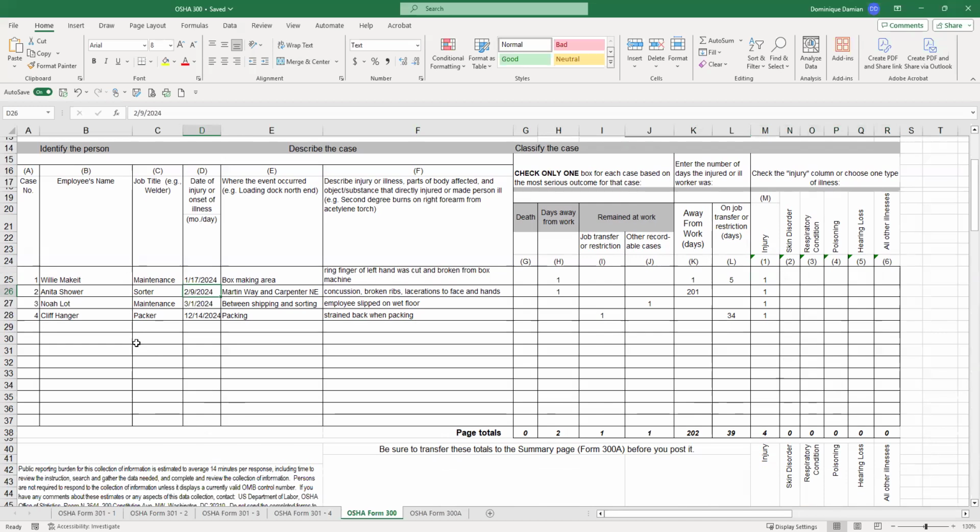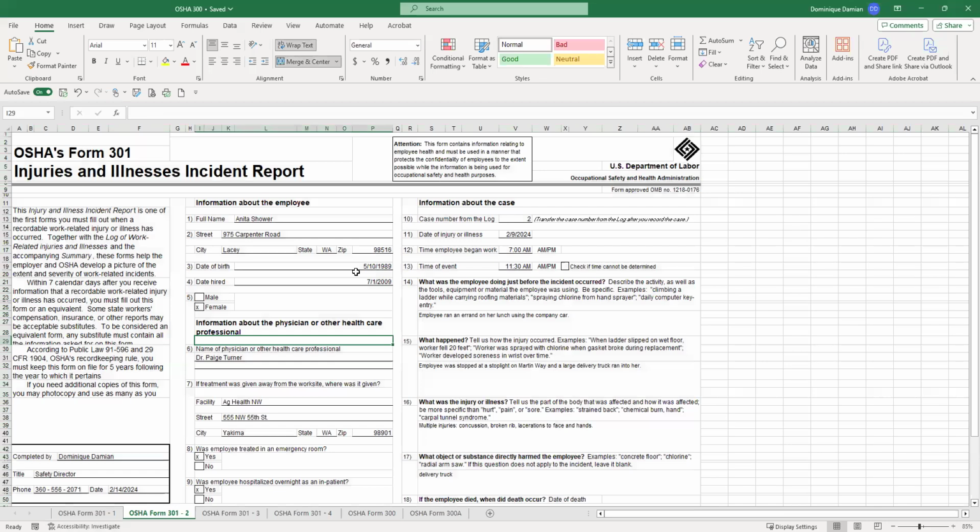Now let's move on to our second injury of the year. I'm trying to go over some of the more complicated and frequently asked questions we have. And this one, I'm questioning if this is work related. I've recorded it and everything, but now that I'm going to enter it into my summary, I'm reviewing everything and now I'm having questions.